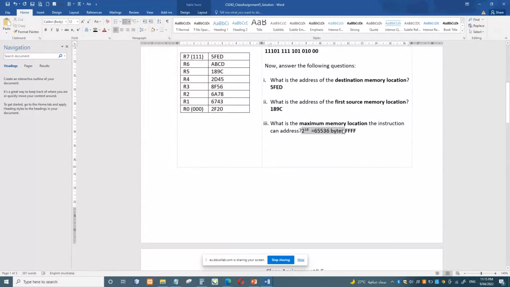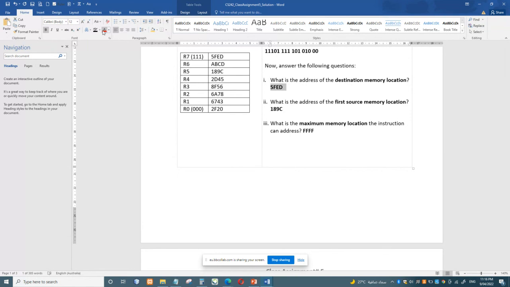If I ask you how many memory bytes can be accessed using register indirect addressing mode in this particular case, that is the answer. But the maximum memory location the instruction can address is FFFF. Are you understanding? Is it clear?